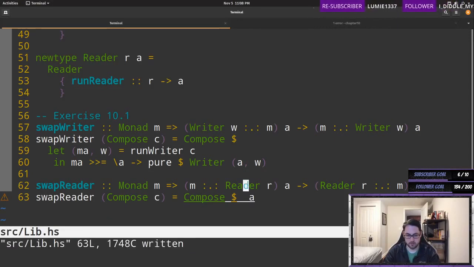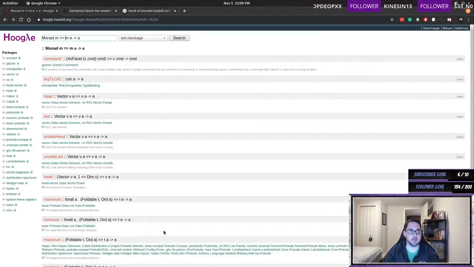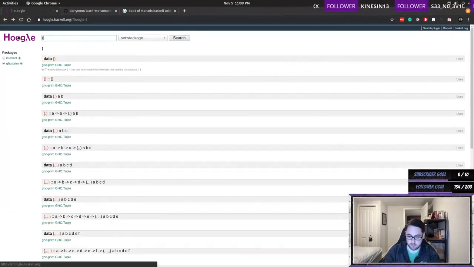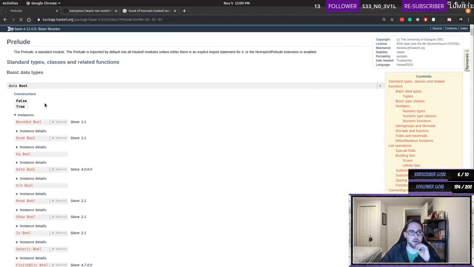Isn't it the other way? Yeah, that's what I was thinking too, but bind doesn't help me here. The reason bind doesn't help me is that I need to embed it inside the same monad, right? So if we just look at the type of bind, let's look at it because it will help. If we look at the type of bind, hang on.